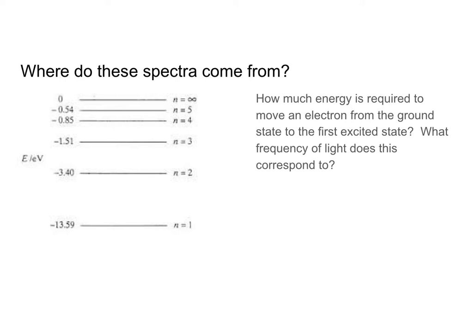So for our first energy level, if we start at the second energy level and go to the first energy level, we'll start with a change in energy: negative 13.6 over 1 squared plus 13.6 over 2 squared, or negative 10.2 electron volts.